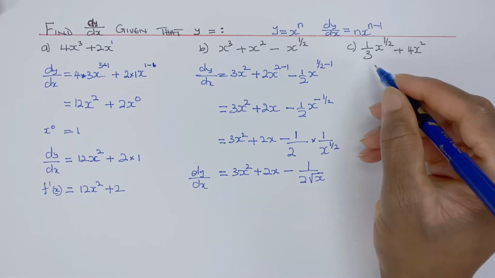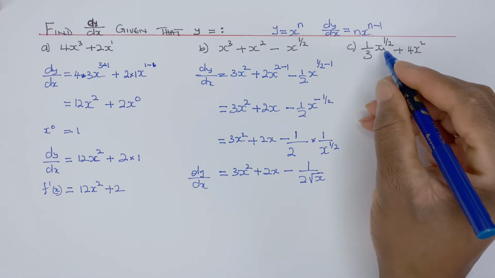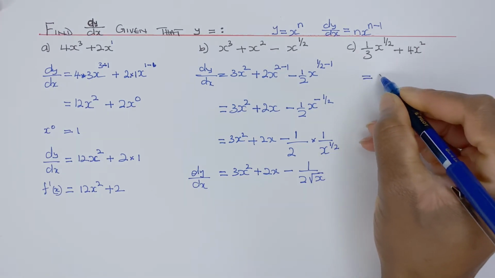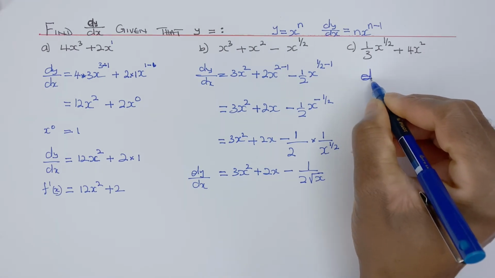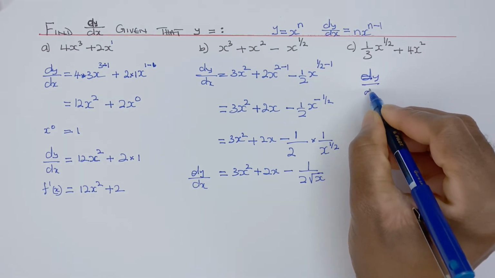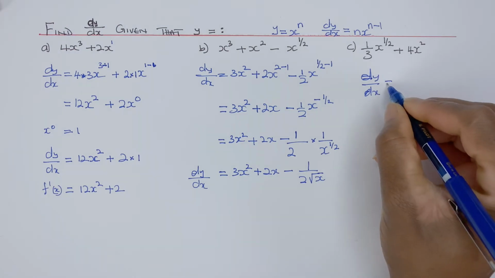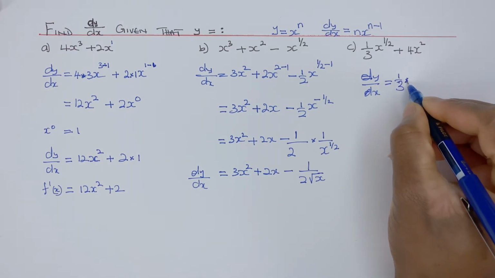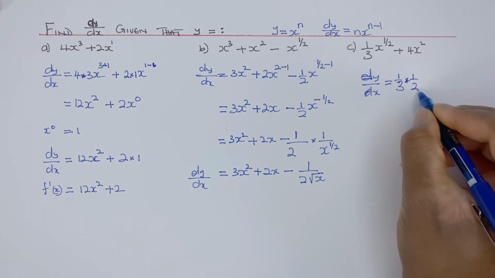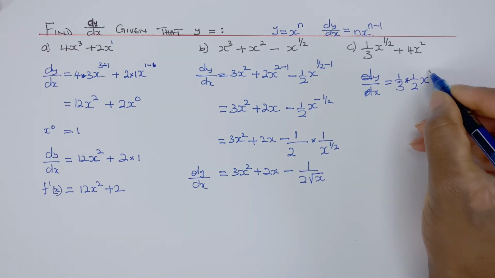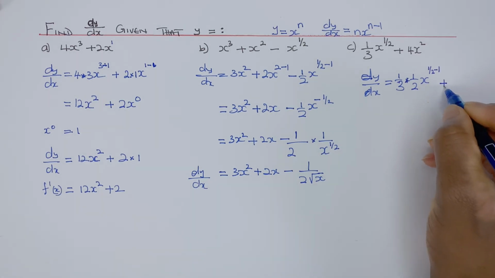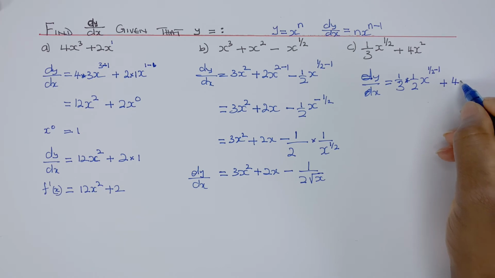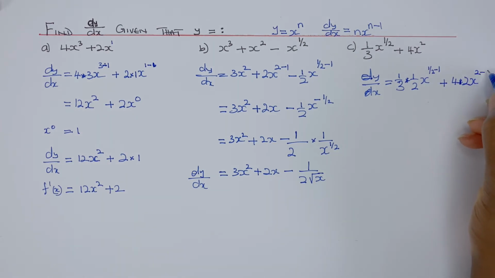Part C, okay, so we have to do the same thing here. We've got dy/dx equals, now 1/3 times a half x to the power a half minus 1 plus 4 times 2 x to the power 2 minus 1.